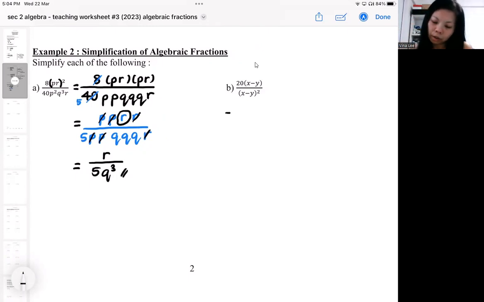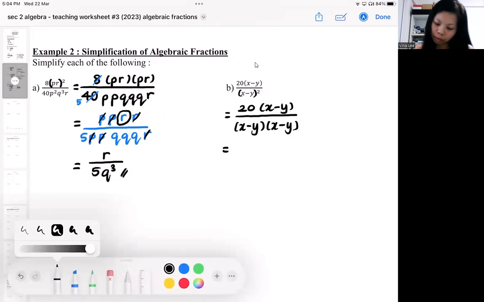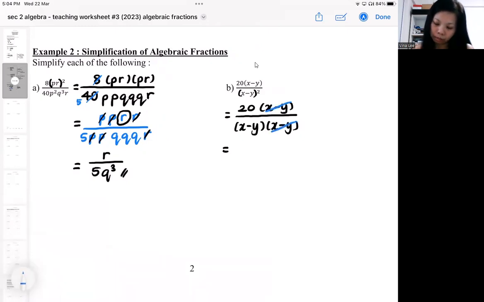In the next question, it's the same thing. We got 20 multiplied to a bracket. And when you got x minus y squared, that means the bracket is being repeated. That already helps you with the cancellation.